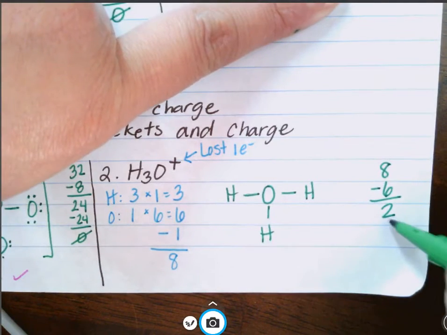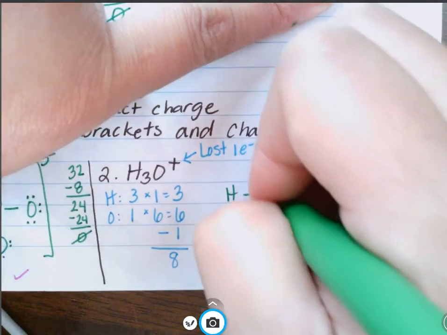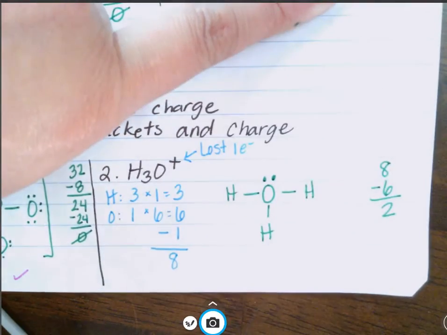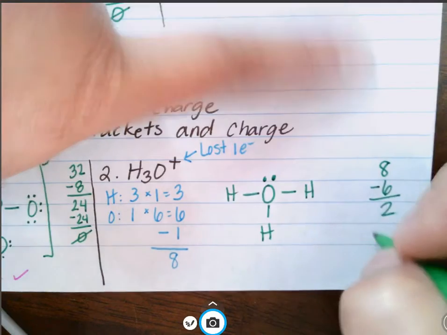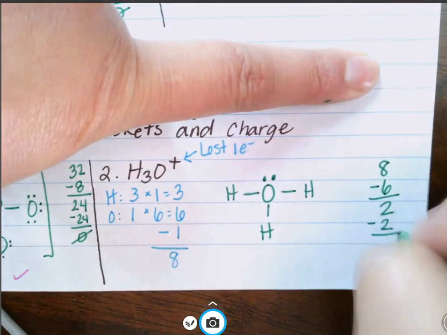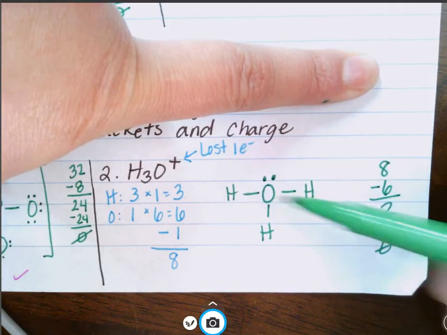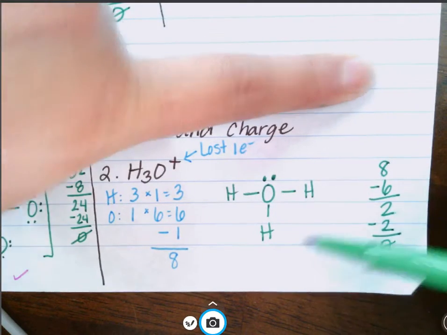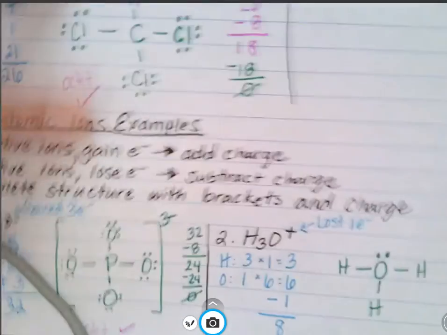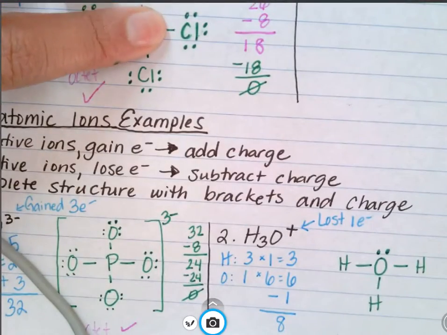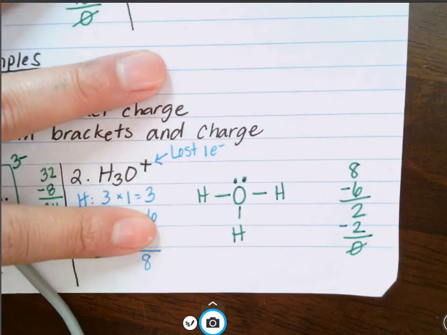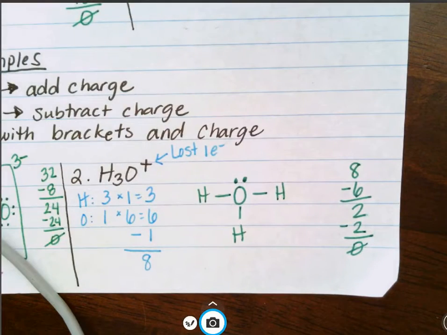Okay, so where do we put those? We put those on the central, right here, 1, 2. Another thing, when you're putting your electrons on the central, you keep them in pairs. They like to hang out in pairs, just like when I put the dots around the chlorines here. Don't split them up. All right, this is almost done.